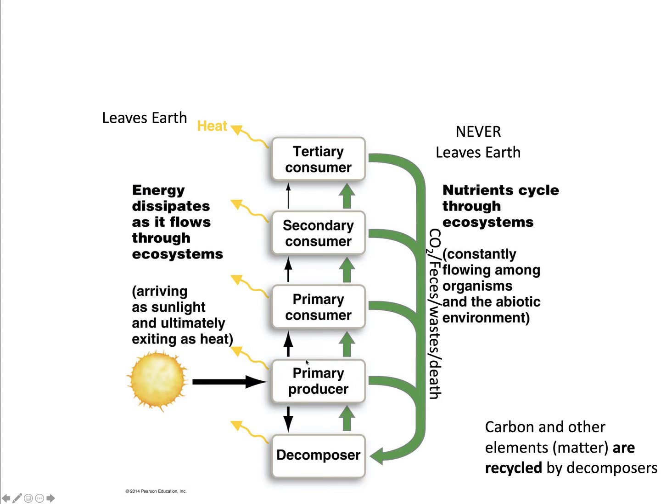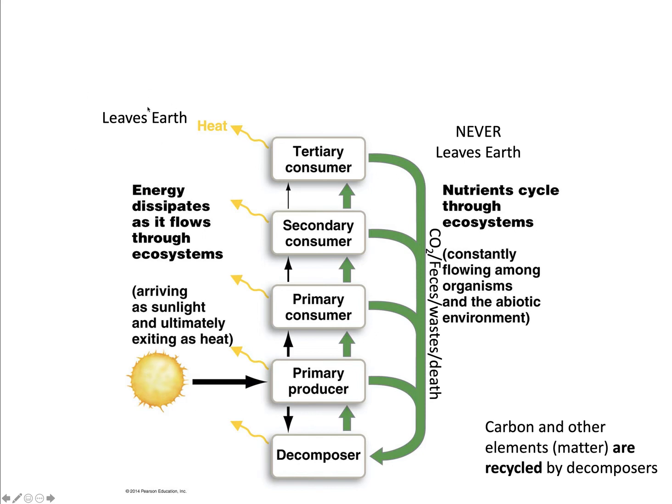So it takes that energy and turns the electromagnetic energy into chemical energy that's available to all these different levels. And as that energy moves up from one trophic level to the next, a lot of it is dissipated out as heat. And that heat actually leaves planet Earth. So it'll dissipate out into the environment, from the environment out into outer space. And so that energy that came from the sun initially goes back out to space.